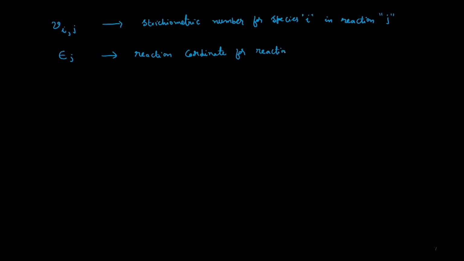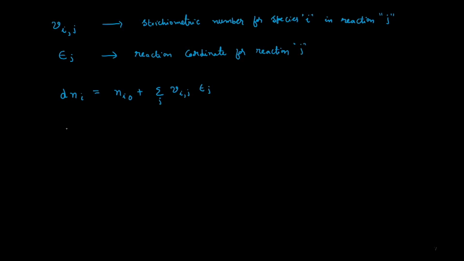This being the case, the change in number of moles of species i, dNi, is going to be, as earlier, Ni naught, the initial number of moles, plus the change due to each of the reactions. So I need to sum over all the reactions j, nu ij epsilon j. If there is only one reaction, then it will be simply nu i times epsilon. If there is more than one reaction, then we have to account for changes in each of these. So it's going to be nu ij times epsilon j.